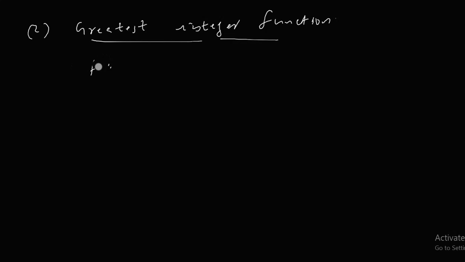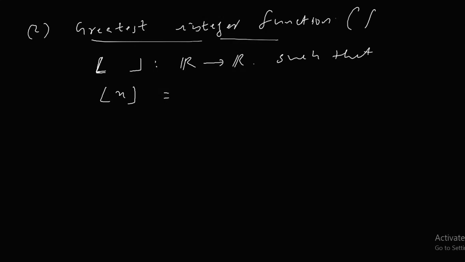This is how we denote it: the integer part of x. It's a function from R onto R, such that this is the definition: the greatest integer function or floor function.